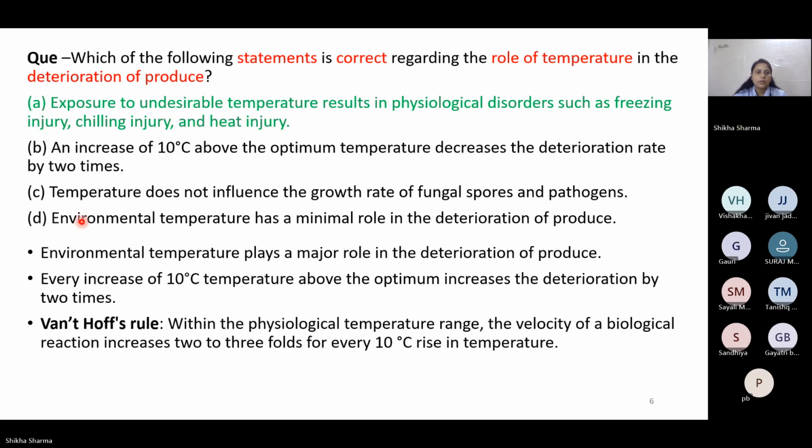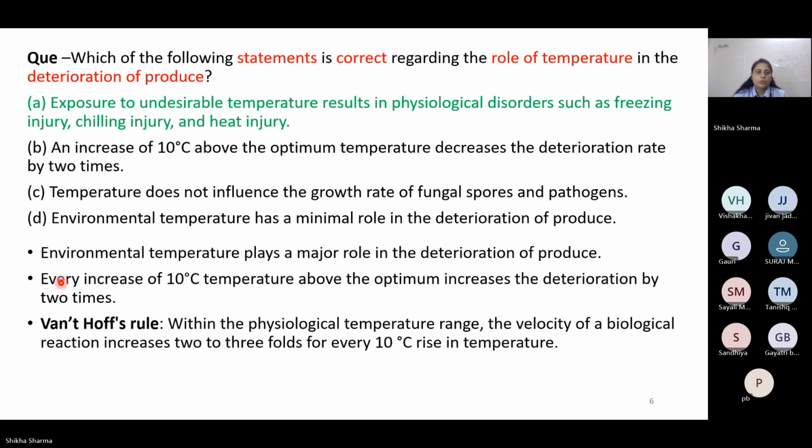And the rest are not correct. Let's see how. The first says environmental temperature plays a role in the deterioration of produce. So obviously the temperature will affect the rate of deterioration of produce.